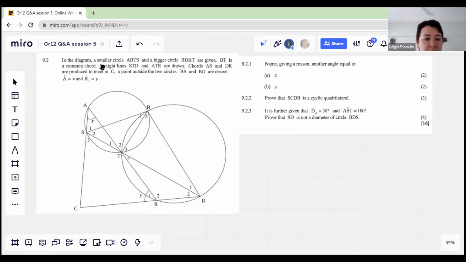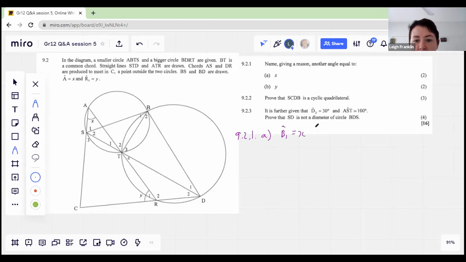Okay, so Pearl, that's perfect. Let's get that down. Okay, so 9.2.1a B1 equals X. Angles in same segment. Good, Pearl.